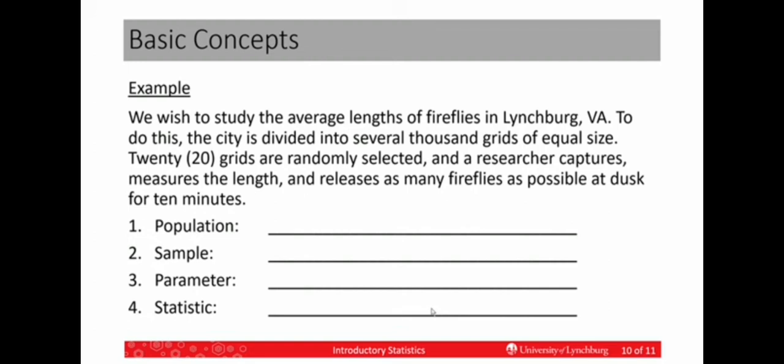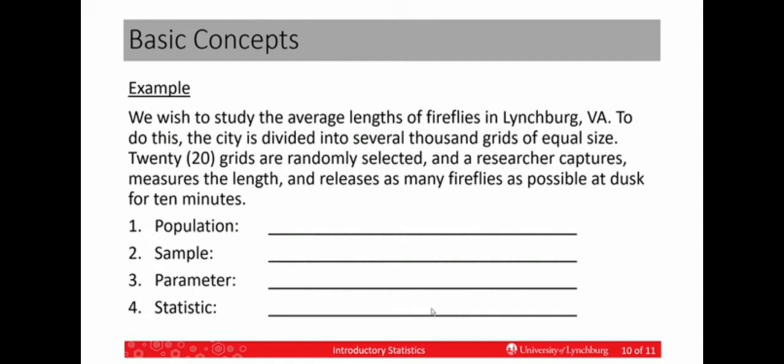Then, as a random number that I chose, let's say we randomly select 20 of those grids, and we send a researcher to each of those grids at dusk, and for 10 minutes, they capture as many fireflies as they can, measure their length, and then release them without hurting them, okay? We don't want any cruelty to fireflies.